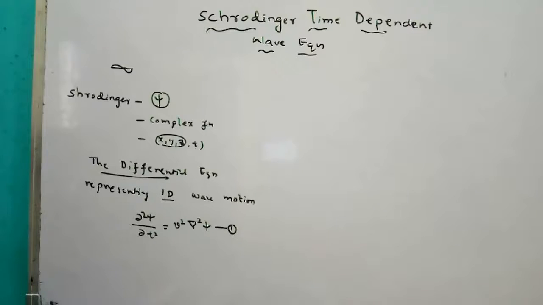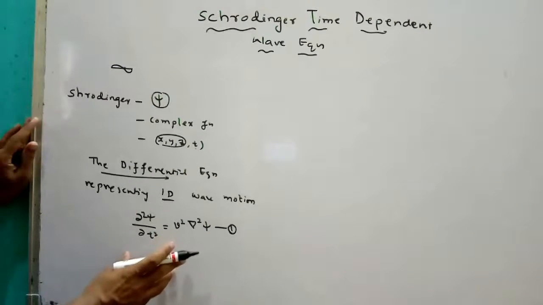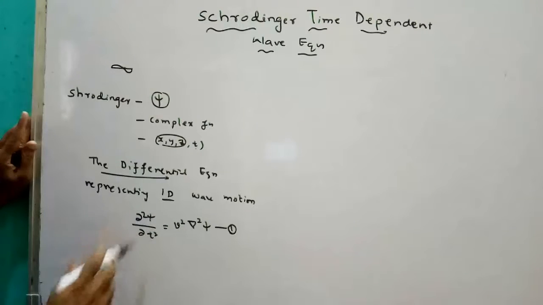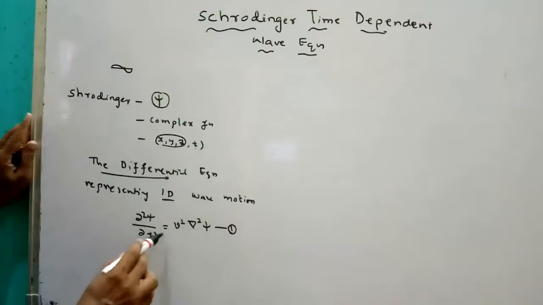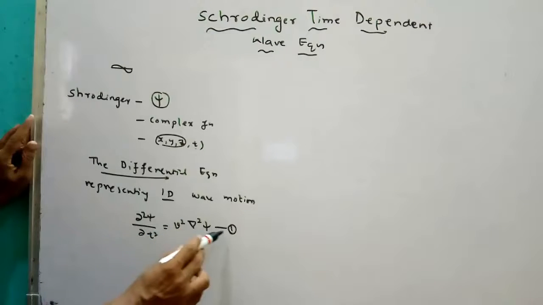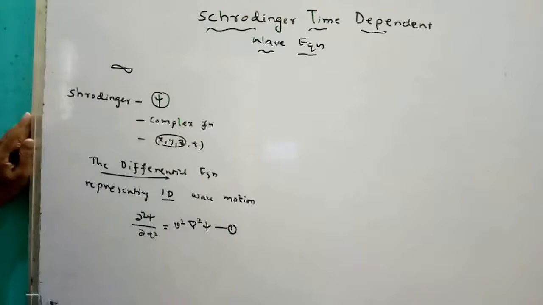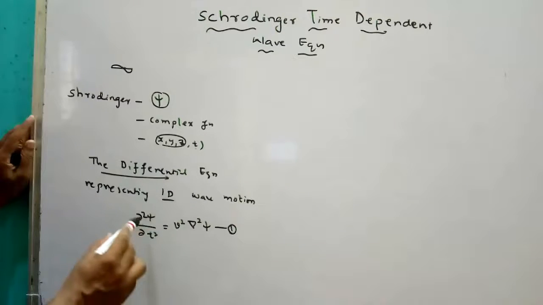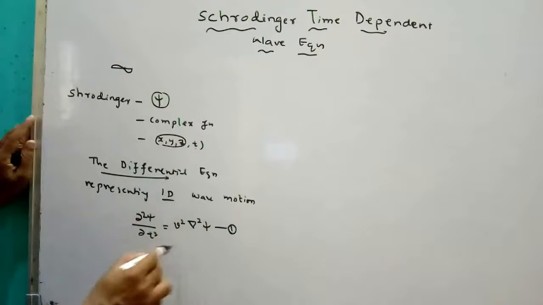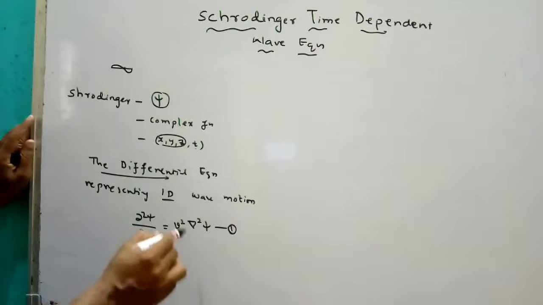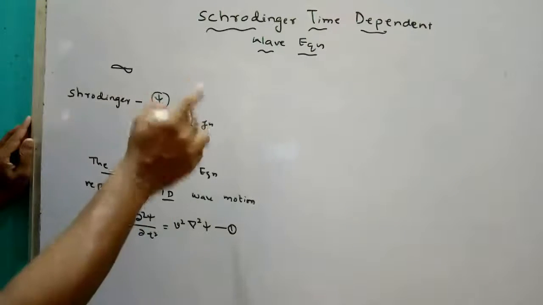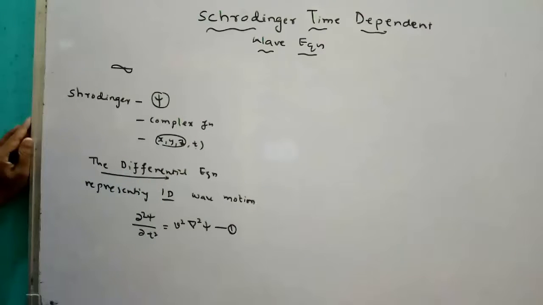This is a one-dimensional differential equation in the complex function, dou square psi by dou t square equal to v square del square psi, equation number 1. In Schrodinger time independent wave equation also, this is the classical differential equation. I already wrote it there, and one more time I wrote it in this topic also.